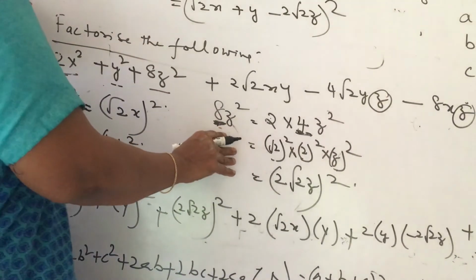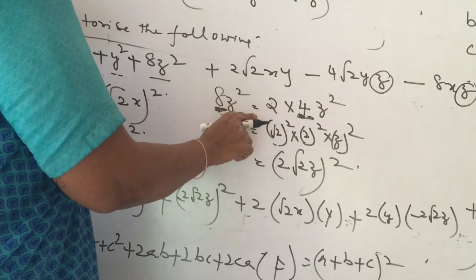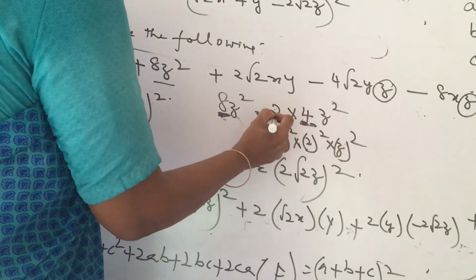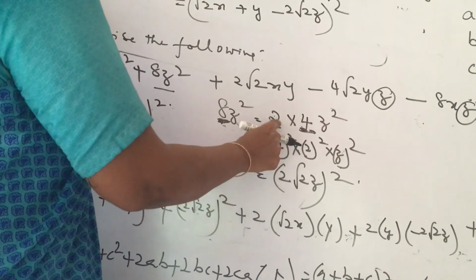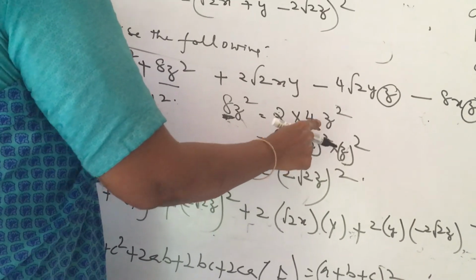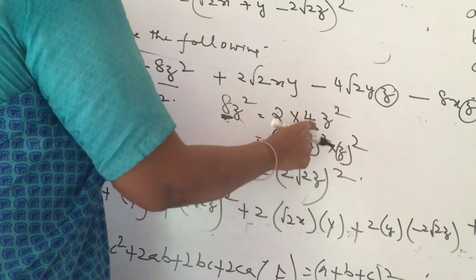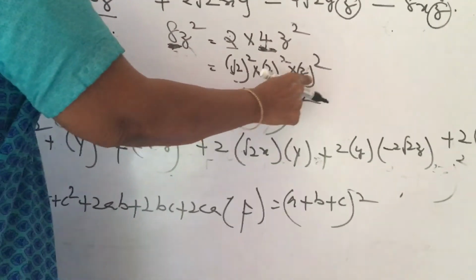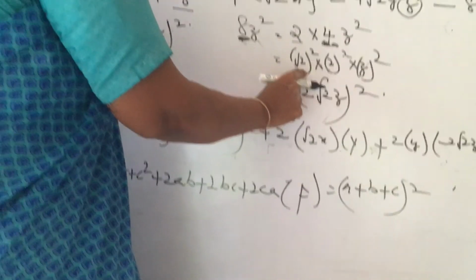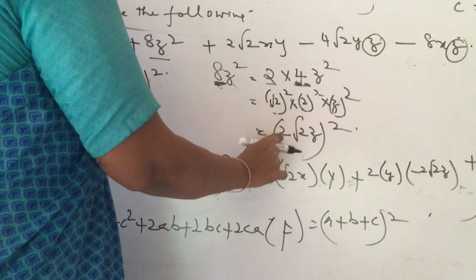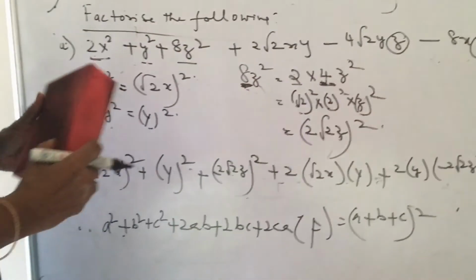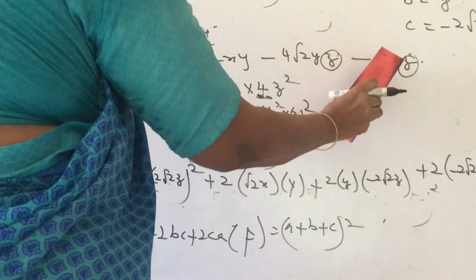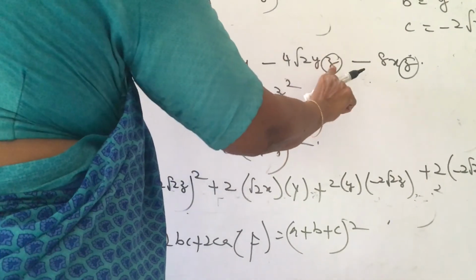Now coming to 8. 8 is the product of 2 into 4z square. 2 as a perfect square: root 2 the whole square. Square root of 4, 4 as a square number: 2 the whole square. Z square, z the whole square. Collect all your terms, children: (2 root 2 z) the whole square. When you observe in the question, children, the last two terms are negative, and which is the common variable here?